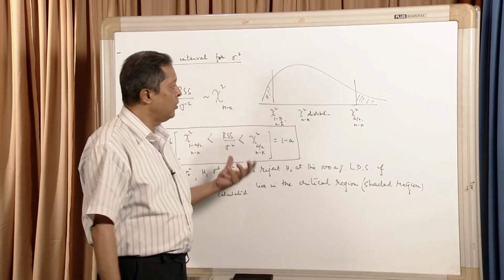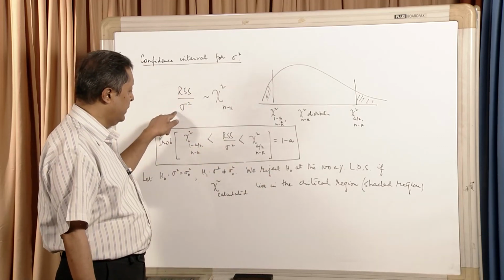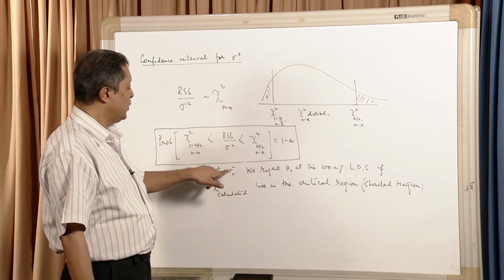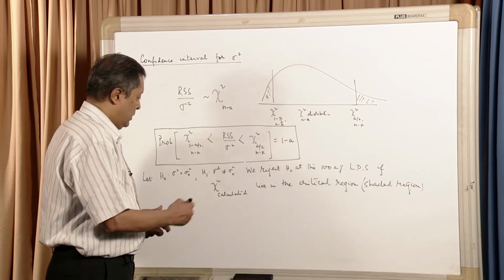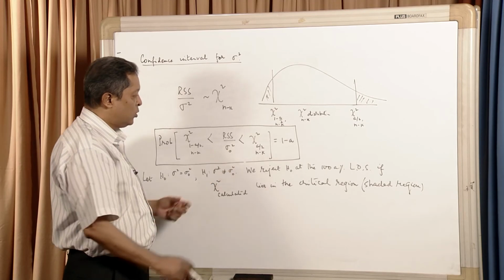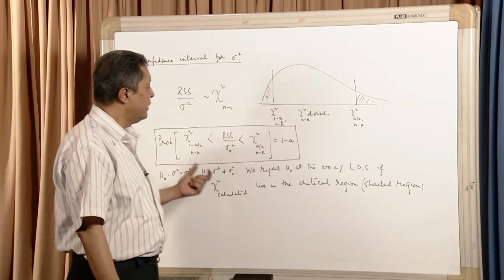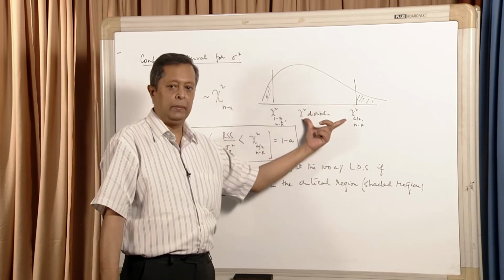In 95 out of 100 cases, the value of RSS by sigma square, putting sigma square equal to sigma naught square, that is this value of the test statistic when we put sigma naught here, should lie between these two goalposts, and therefore, we will reject H naught if our calculated value does not lie between these two posts.